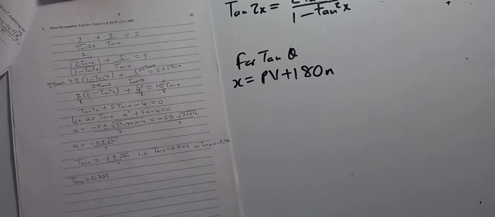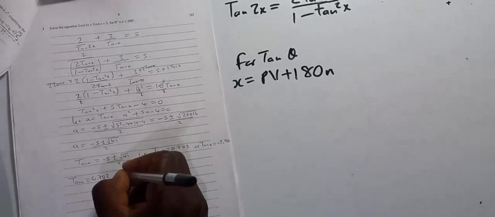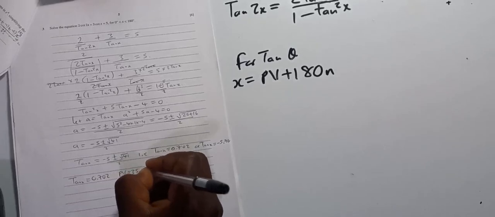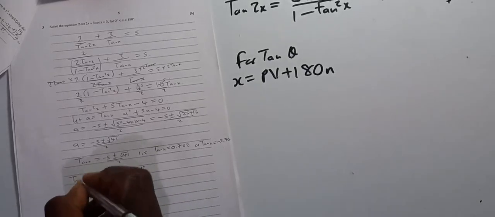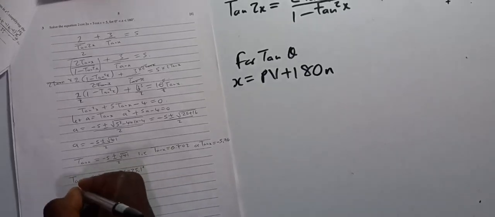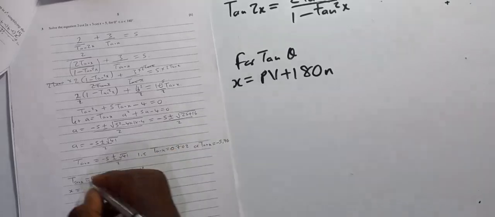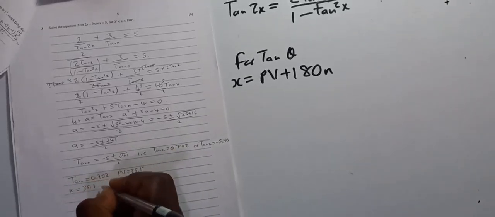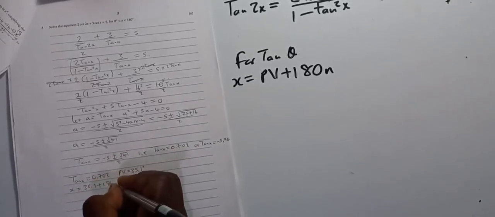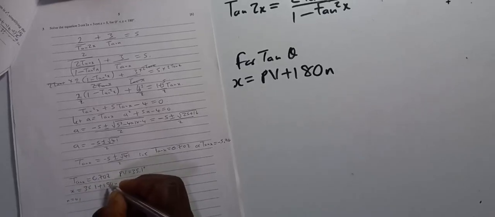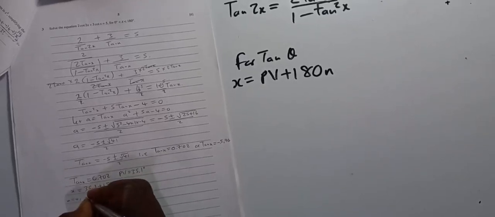So it means our PV equals 35.1 degrees. So our solutions for this equation: x equals PV, we now put 35.1 plus 180n. So for n equals 0, this becomes 0. We have x equals 35.1.